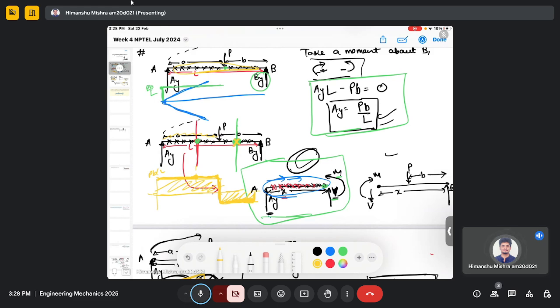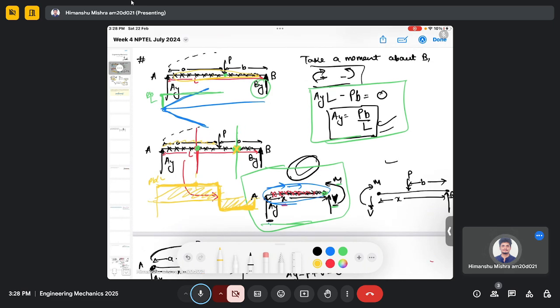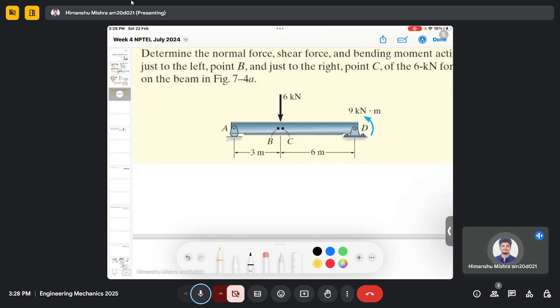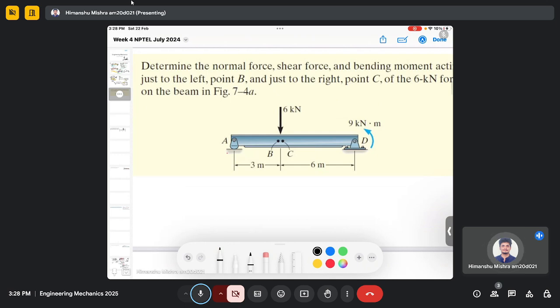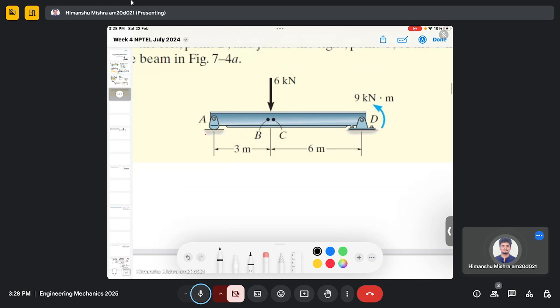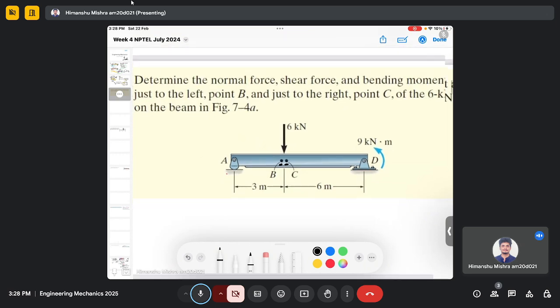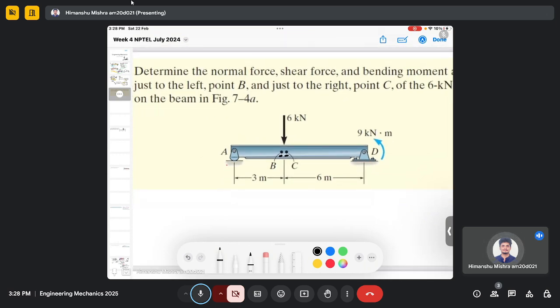So let's try to solve problems here. We will start with a similar kind of problem. So this is the problem. We have a simply supported beam and we need to find the shear force and bending moment at point B and at point C. B is just immediately left of the 6 kilonewton force, and C is just immediately right of the 6 kilonewton force.